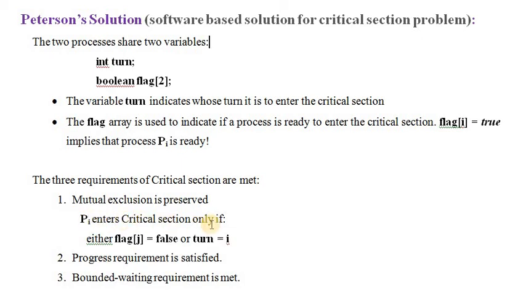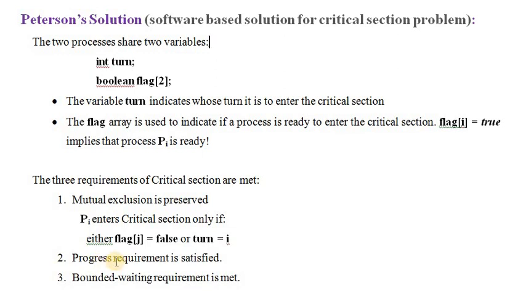P1 enters the critical section only when the flag bit of j, that means the flag bit of the second program, is false or turn is equal to i. When either condition is true, only then will the first program enter into the critical section. Flag of j, that means the second program's enter status, should be false, and only then will the first program enter. So mutual exclusion is preserved in this Peterson solution.